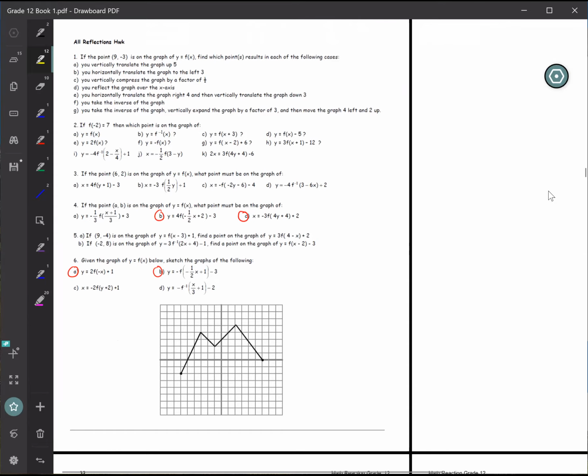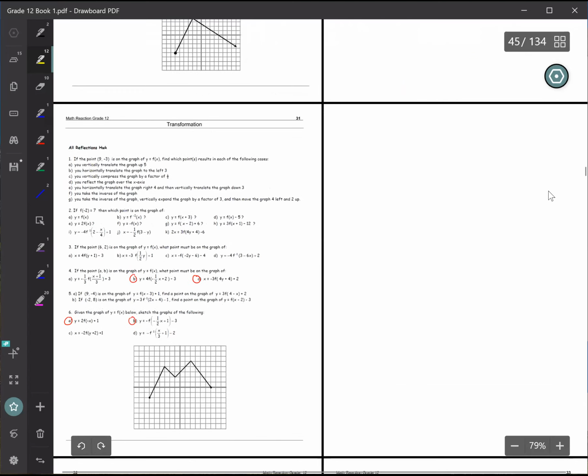So I hope after going through the last question, this one will be easy now. So let's start with 4B. Instead of 6, 2, we have AB. Right, same thing, same setup.